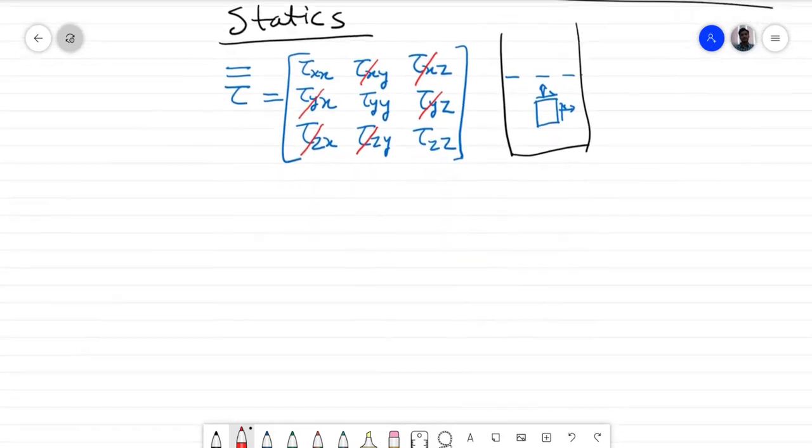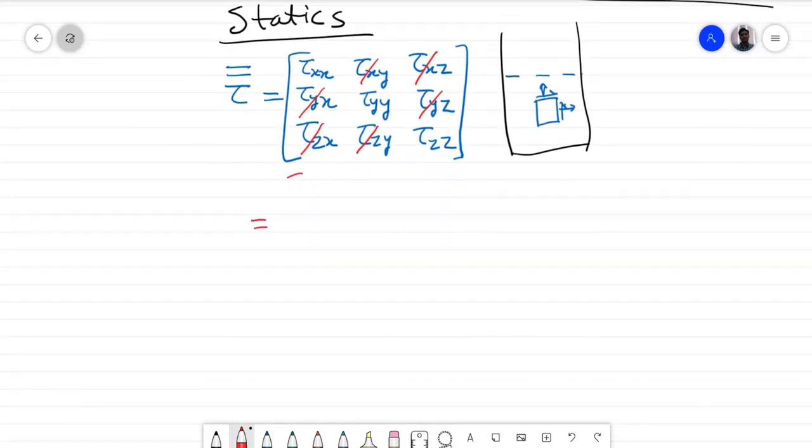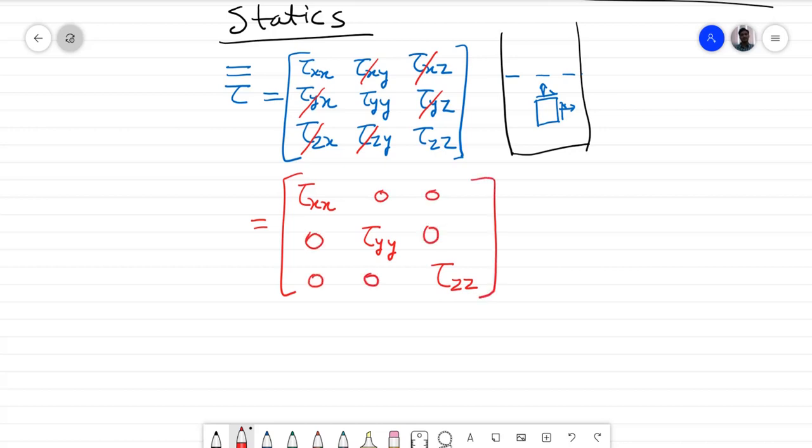Now let me write tau zz. What about these other components? Now the way we have defined the stress tensor, we said that it is proportional to gradient of velocities.